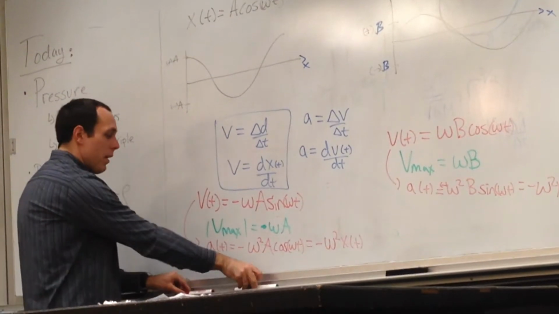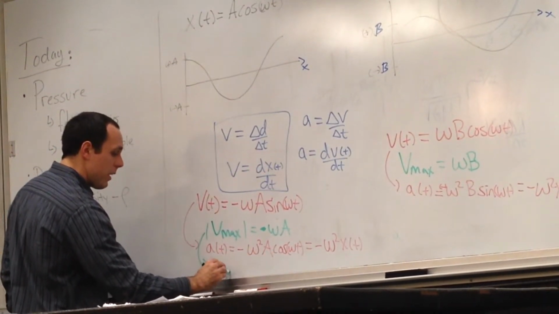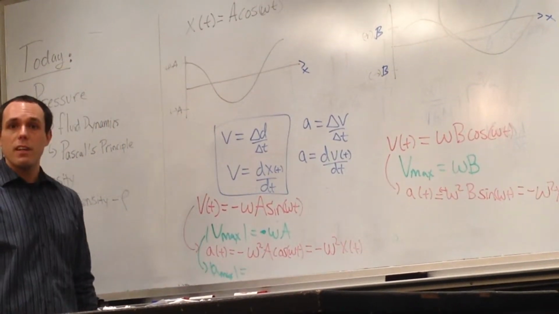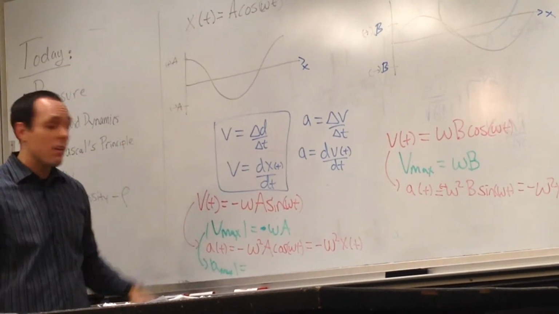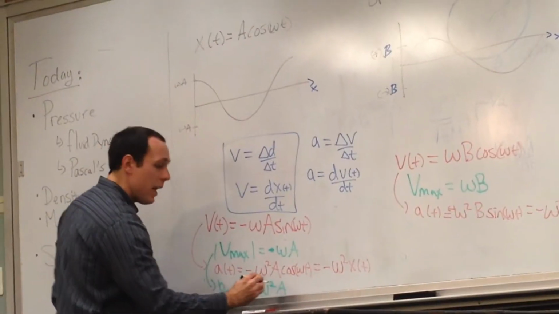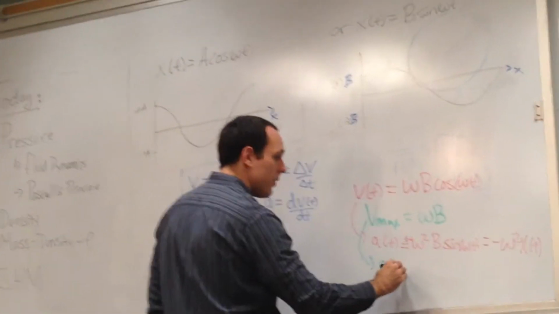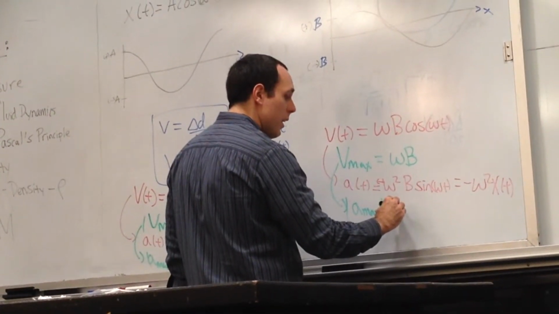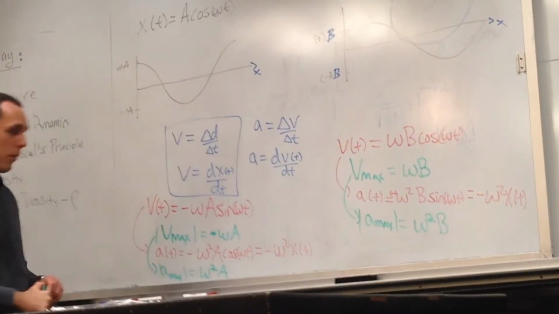But once again, if you want to find the maximum value of the acceleration, the absolute value, it is when cosine of omega t is equal to 1, and this is just omega squared times the amplitude A. For here, the maximum acceleration is, once again in absolute value, omega squared b, omega squared times the amplitude.